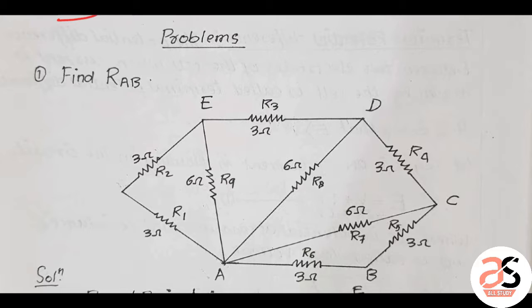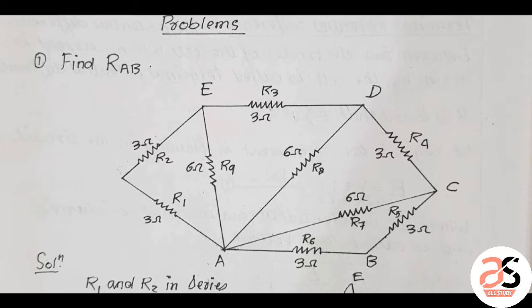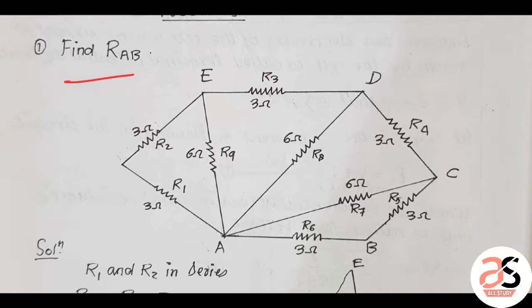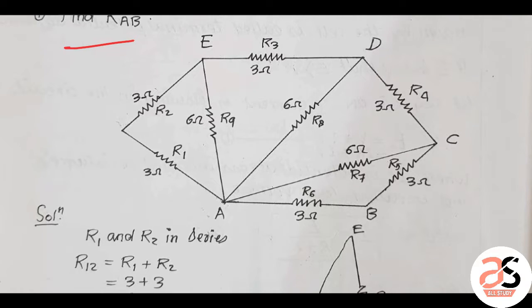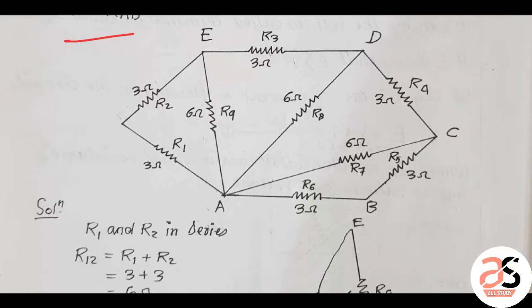So let us solve some problems here. Find RAB, the total resistance between A and B. So this is the figure given here.